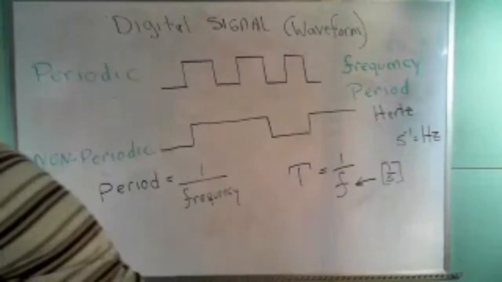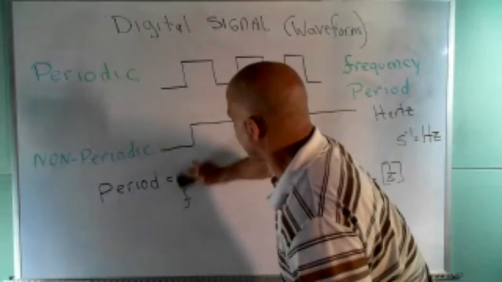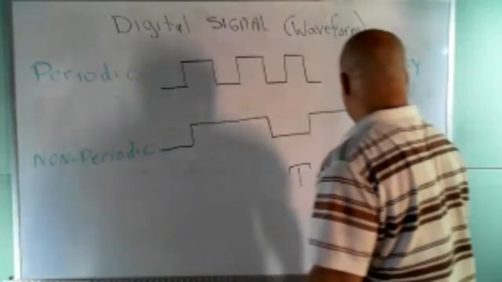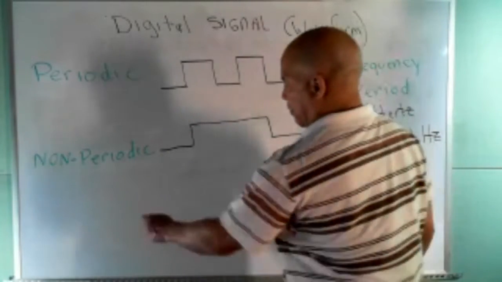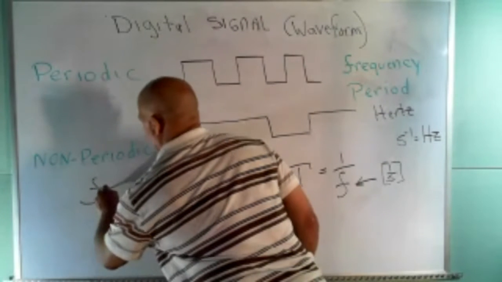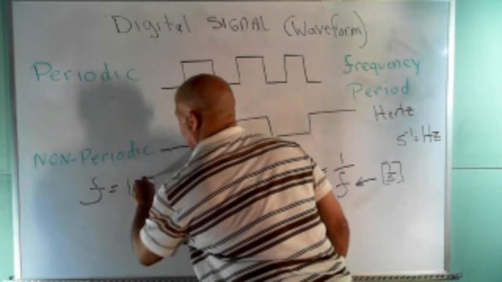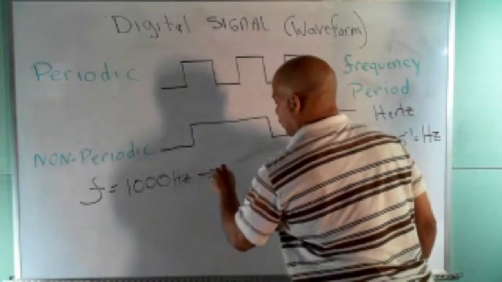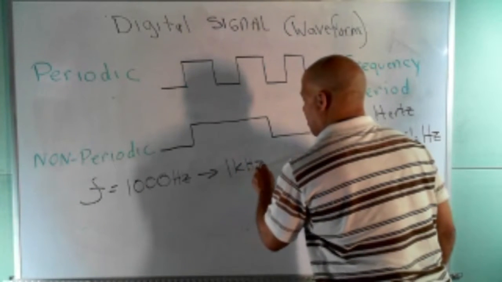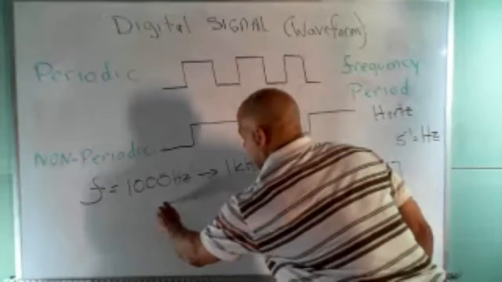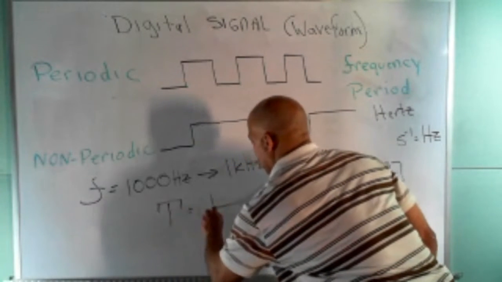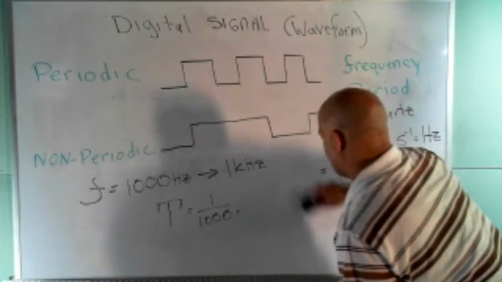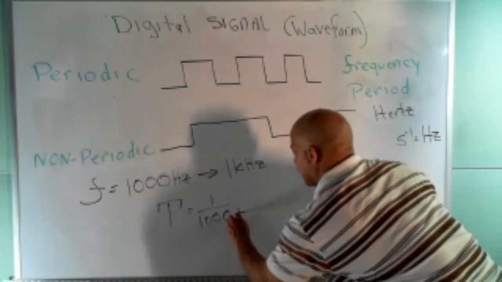So let's say I have a frequency of 1,000 hertz. I can call that 1 kilohertz. And I want to know the period: it's 1 over 1,000 inverse seconds, or hertz.